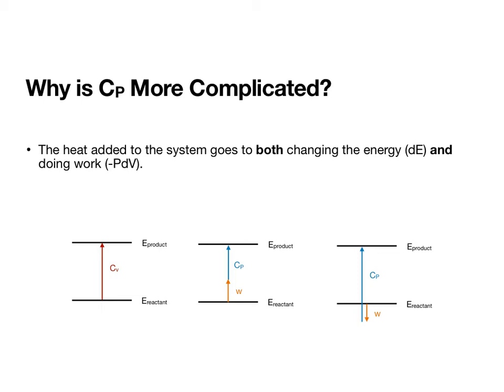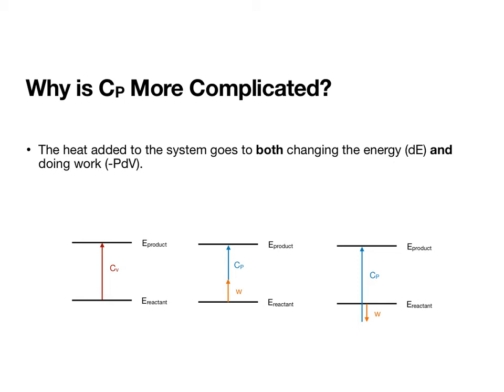Now, why is Cp more complicated? Well, it turns out that when we start adding heat to the system and the volume can change, that means that this energy that's going in, the heat that is going in, is contributing to two different things. It is contributing to both work and to temperature change.